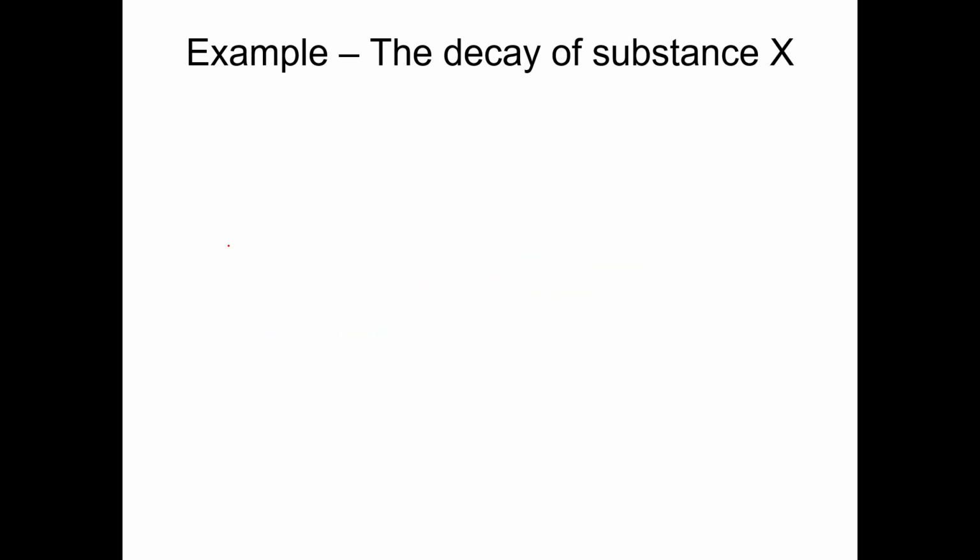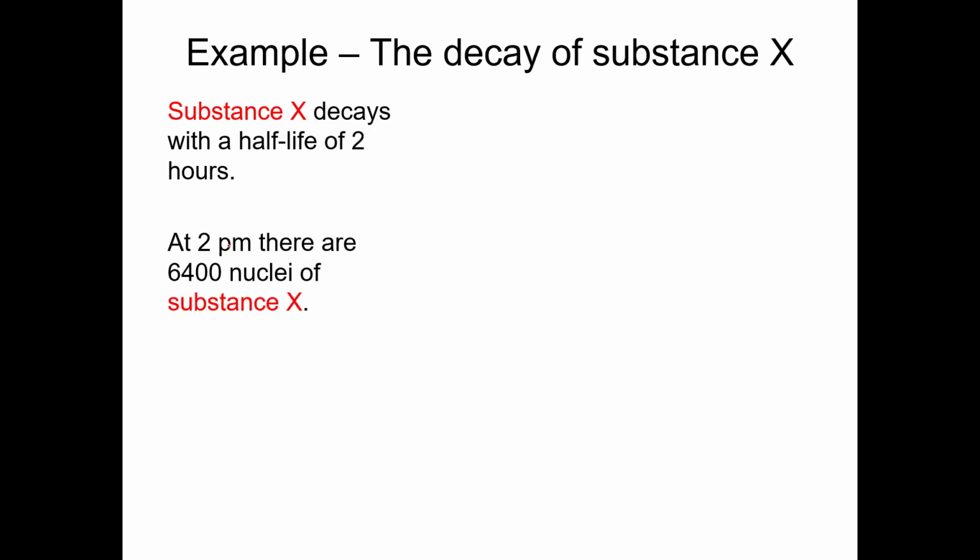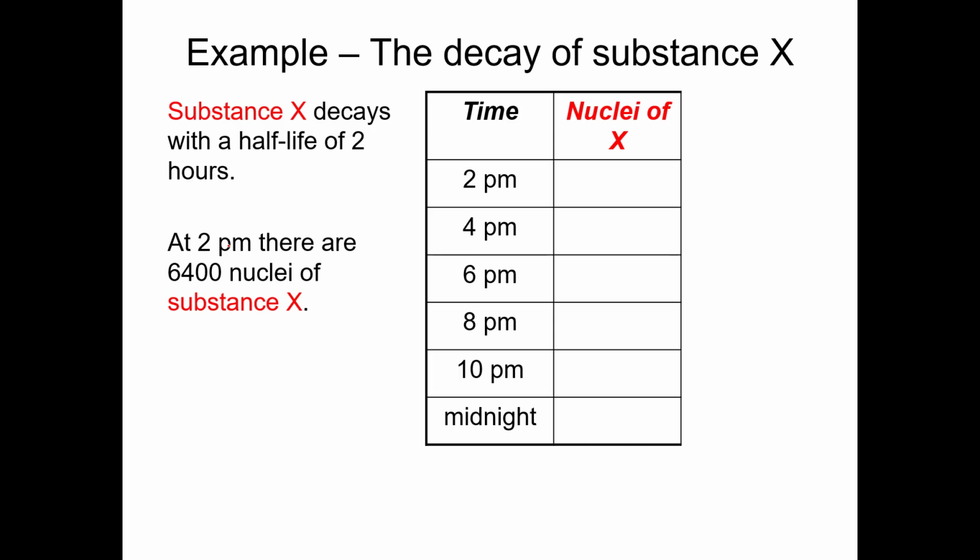An example is here for the decay of a radioactive substance or isotope of a radioactive element X. The question says that the substance X decays with a half-life of 2 hours. What does this mean? It means that, for example, at 2 p.m., the original amount is 6400 nuclei.